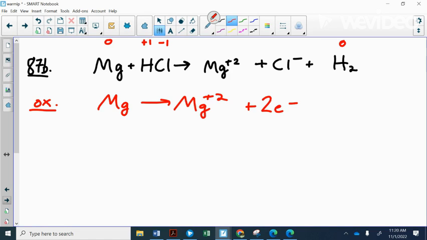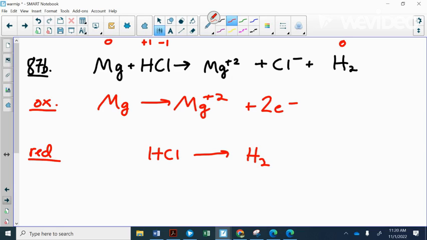Okay. Now we go to the reduced. Looks like hydrogen in HCl is being reduced. So HCl goes to make H2, right? Balance everybody but hydrogen and oxygen first. I have a question. Okay. That the reactants, but you still only have one oxidized and one reduced. Yes.